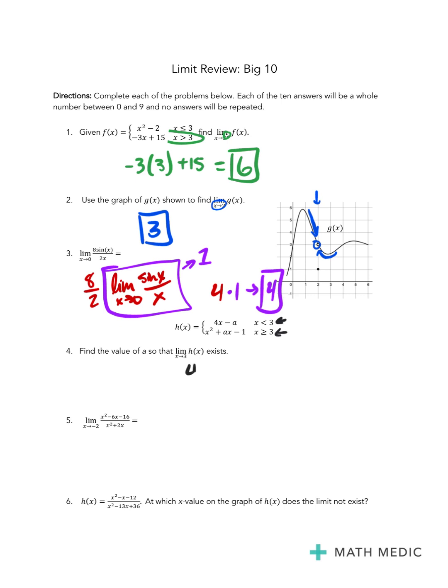So we're going to set up 4x minus a equal to x squared plus ax minus 1. Then we just need to solve the equation. Because we're working at what happens at x equals 3, we can put 3 in for x here, here, and here.